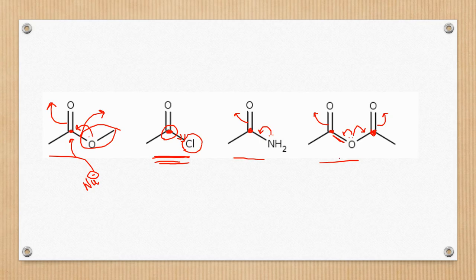So that is why we are saying that the acid chloride has higher nucleophilic substitution ability than acid anhydride. And between this ester and amide, can anyone tell me which has the higher nucleophilic substitution ability?